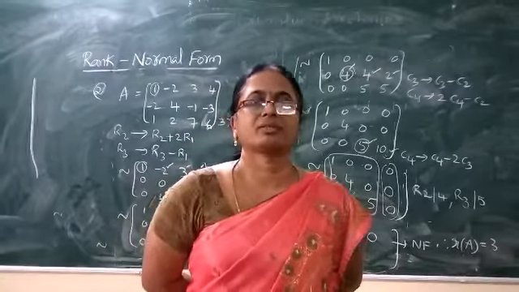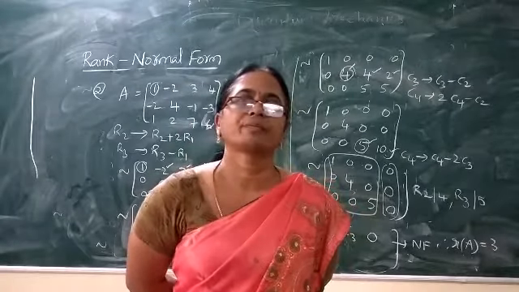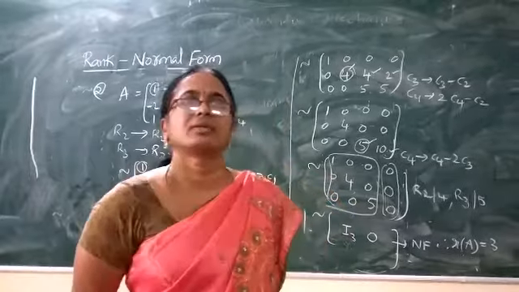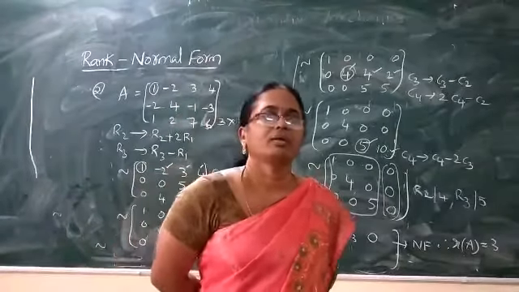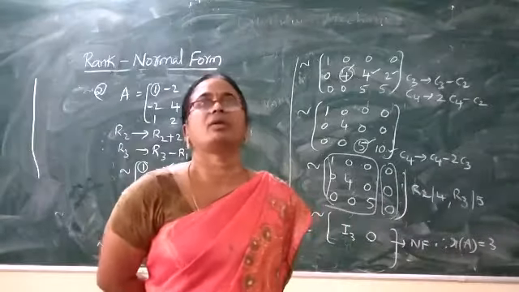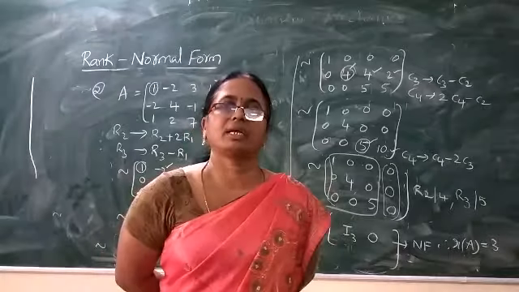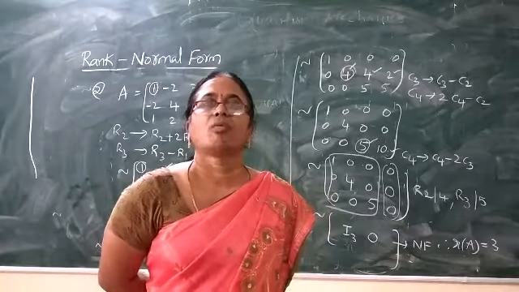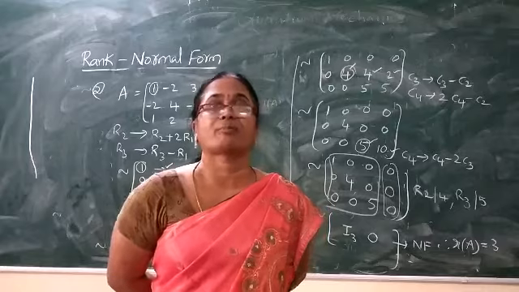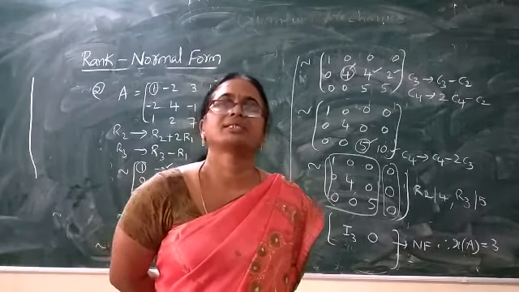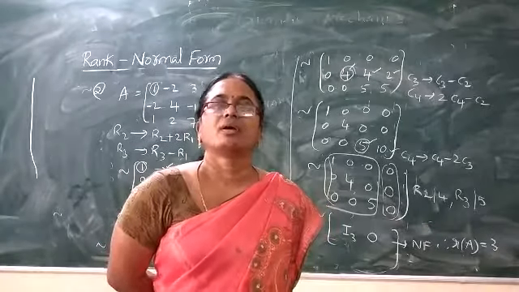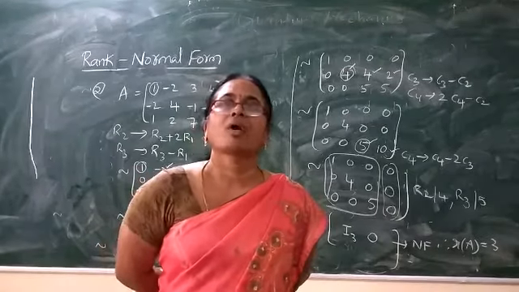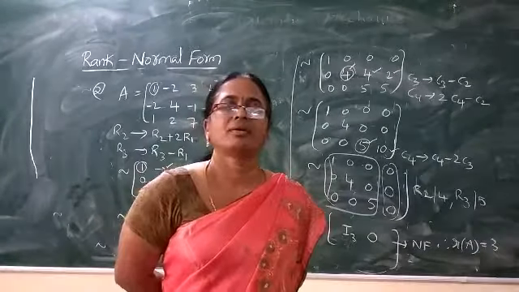So far, in the first class, we have reviewed topics you already know from lower classes. In the first class we discussed the different types of matrices and the properties of matrices. In the second class we discussed the inverse of a matrix and how the Gauss-Jordan method is applied for finding the inverse.